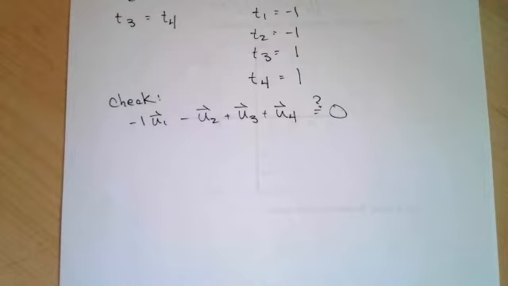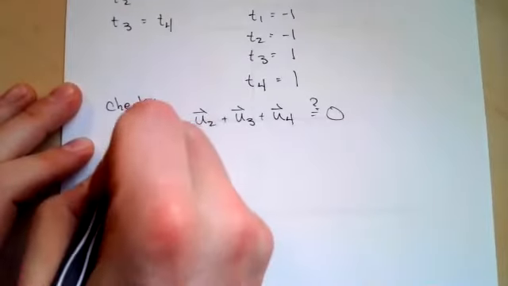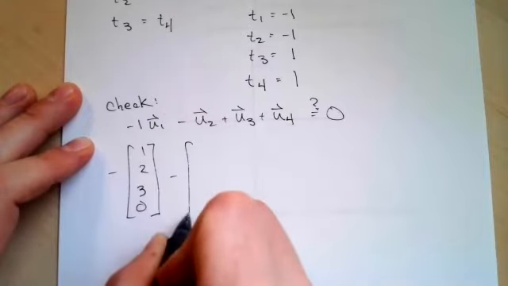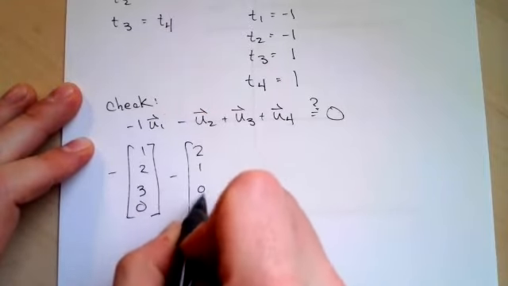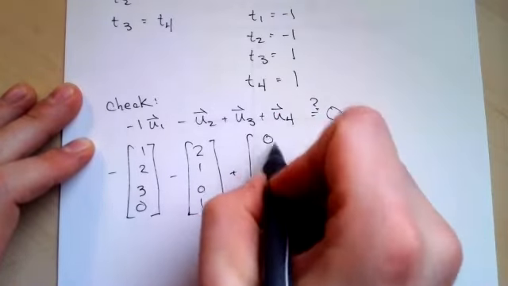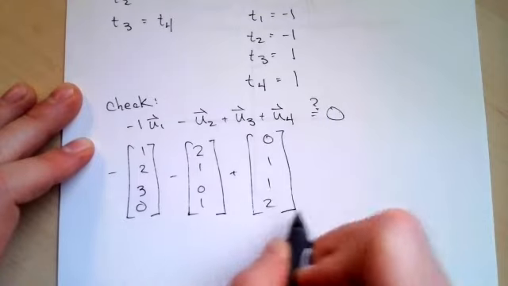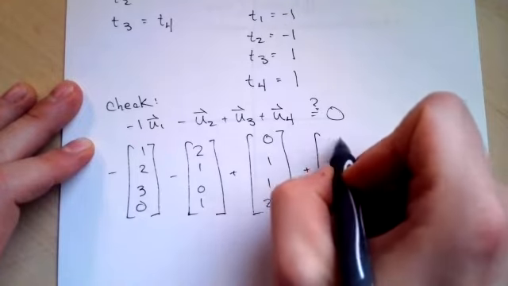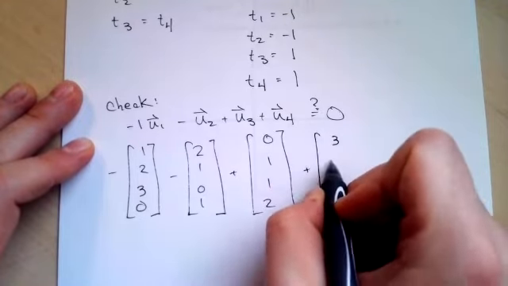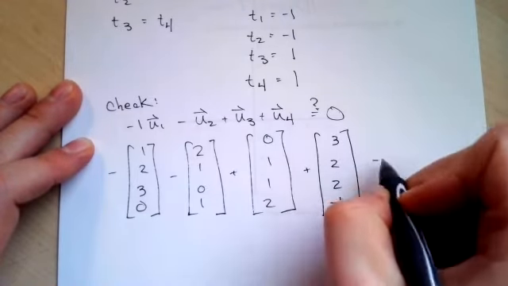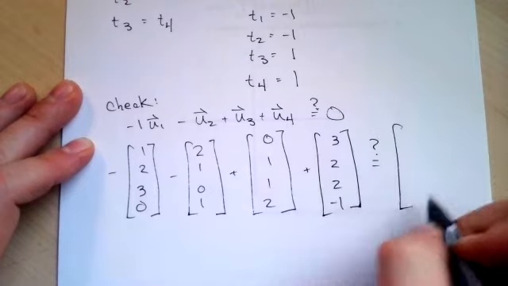So our original vectors U1, U2, this says that minus 1, 2, 3, 0 minus 2, 1, 0, 1 plus 0, 1, 1, 2 plus 3, 2, 2, 1. Sorry, 3, 2, 2, negative 1. And we are checking if this gives us the 0 vector.